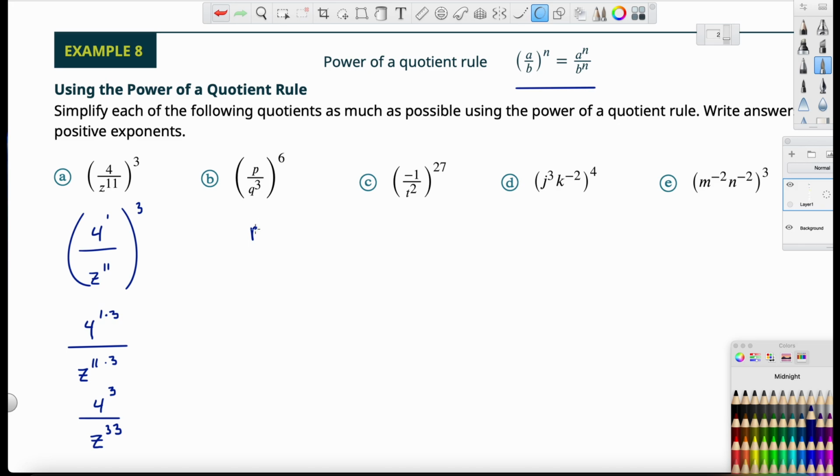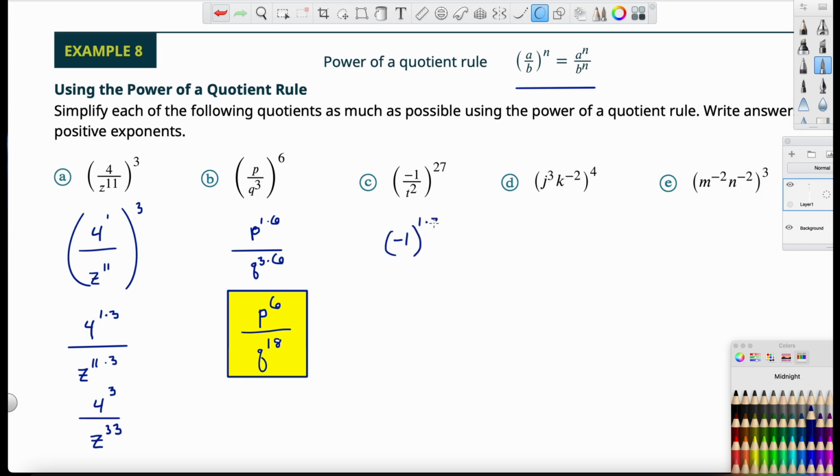p over q to the third, well, that's p to the first times 6, q to the third times 6. And so we get p to the 6 over q to the 18th. Positive exponents, that's done.